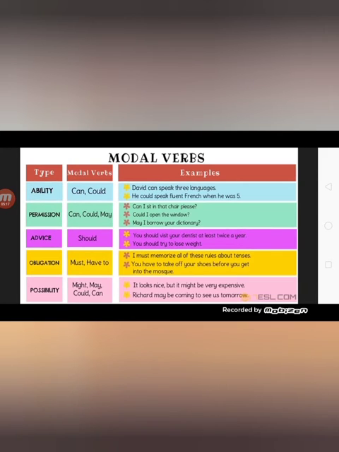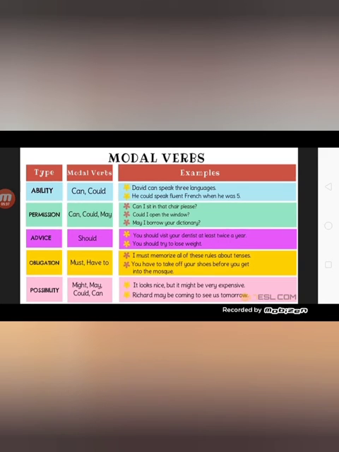At that time we use must or have to. You can see the example, like I must memorize all of these rules about tenses, or I must work hard to get success. Then I have to speak in English always because I have to improve my English. This you can also tell yourself.